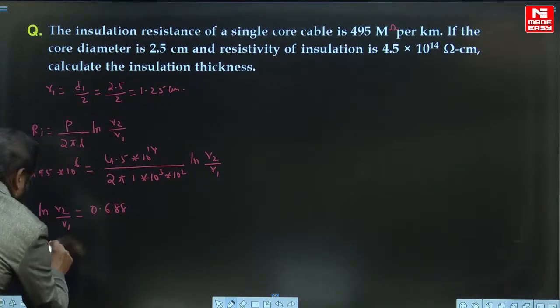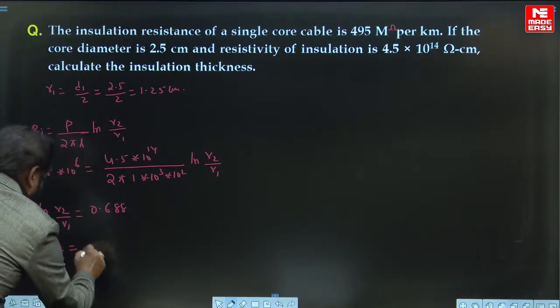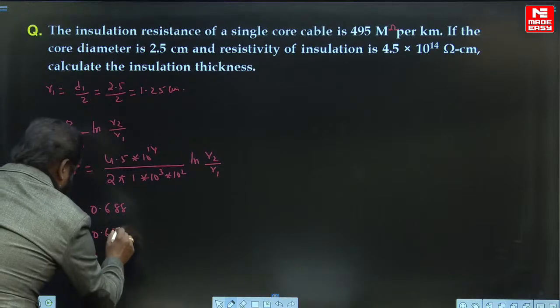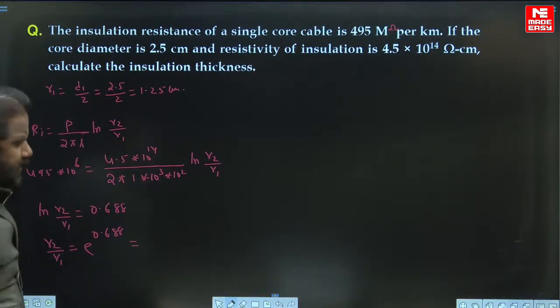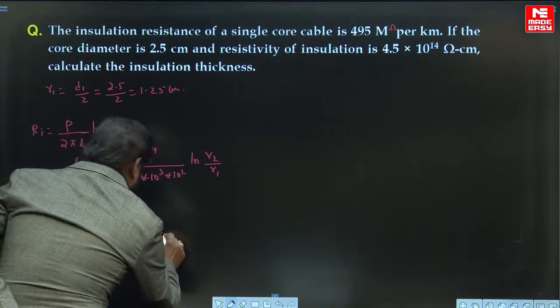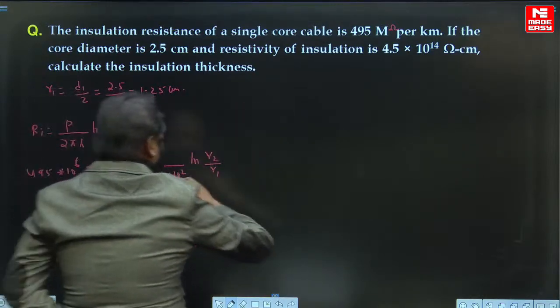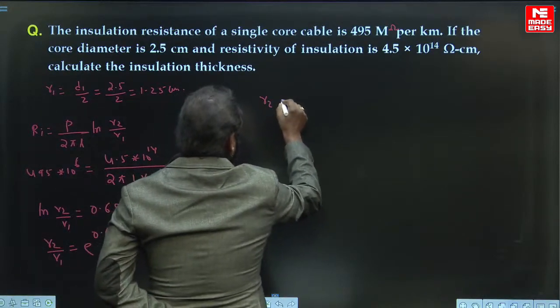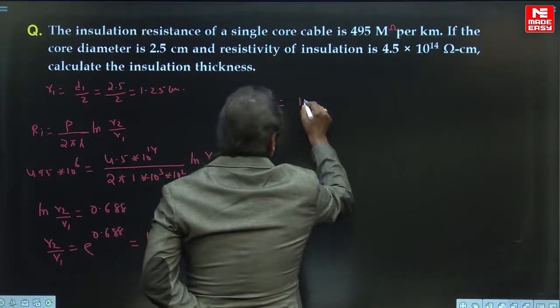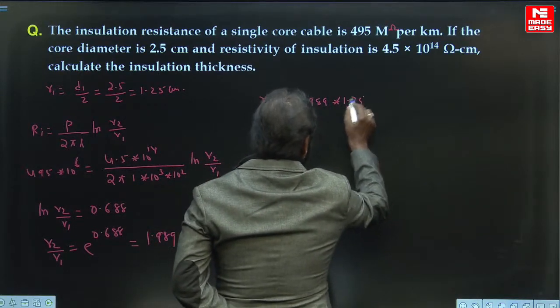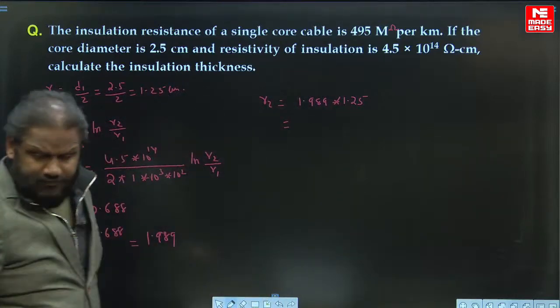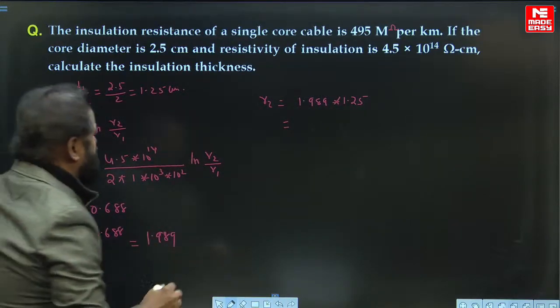That means R2 by R1 is equal to e power 0.688, that is equal to 1.989. Thereby R2 is equal to 1.989 into 1.25, so that is equal to 2.5.